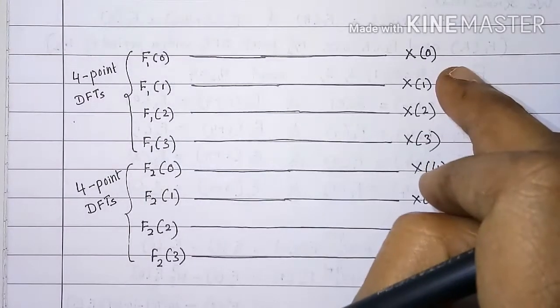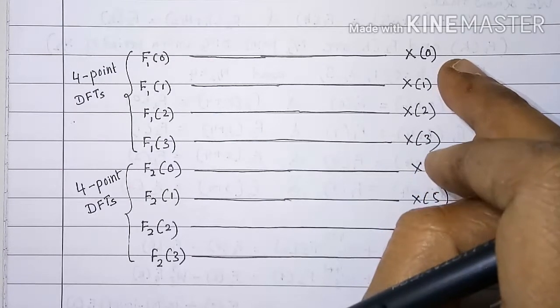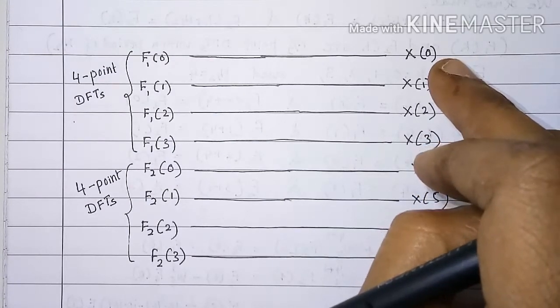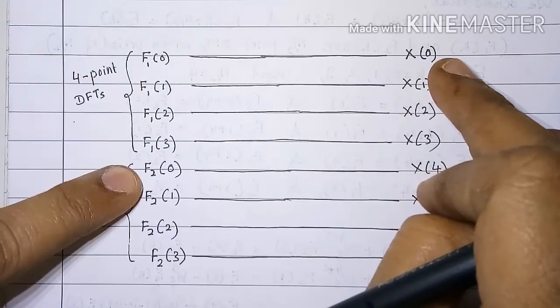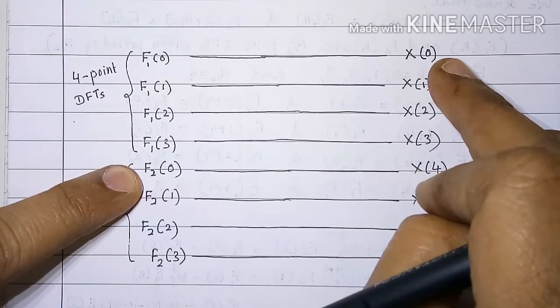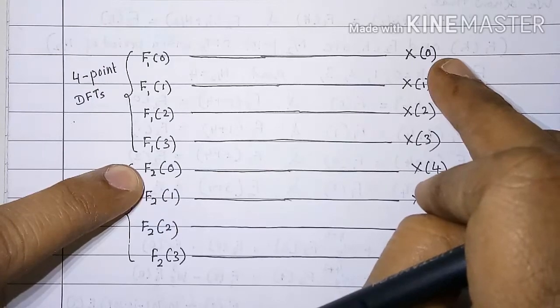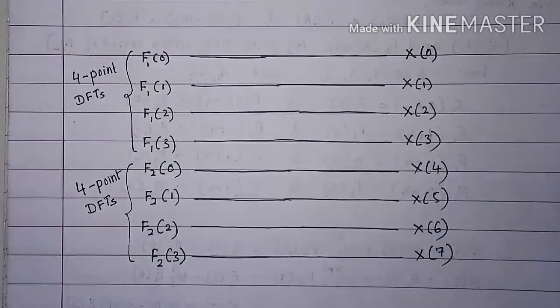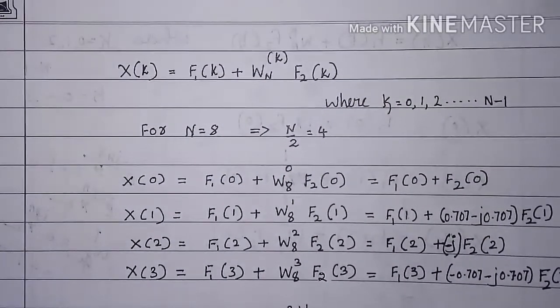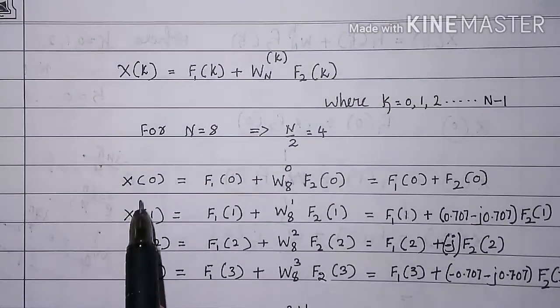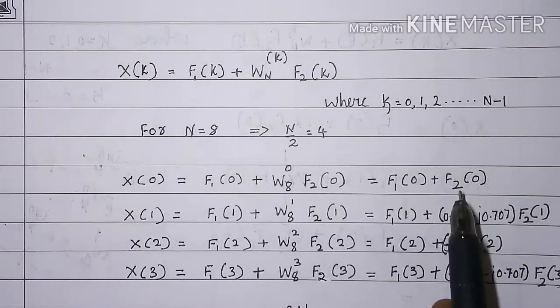We have seen how to write for x of 0. X of 0 is f1 of 0 plus f2 of 0. We have written that in previous page. If you want, you can see. X of 0 equal to f1 of 0 plus f2 of 0.